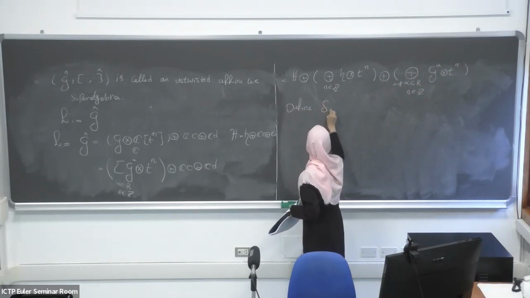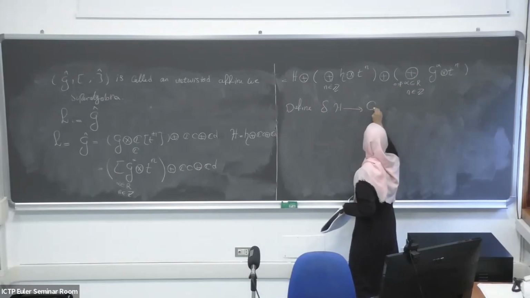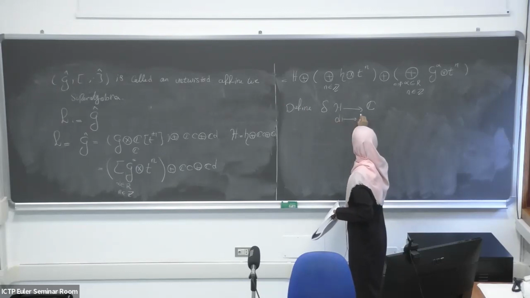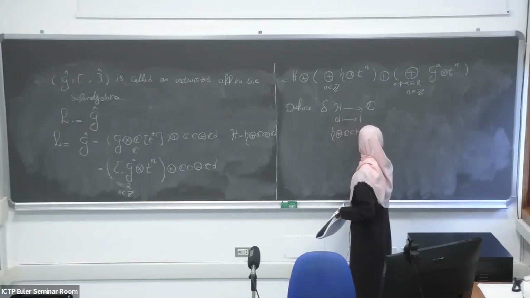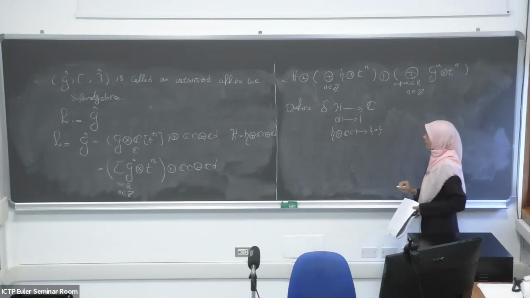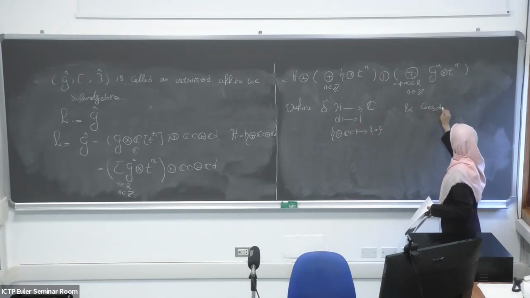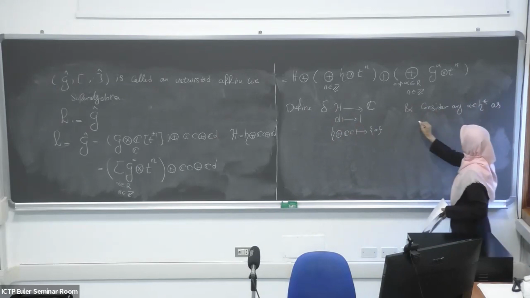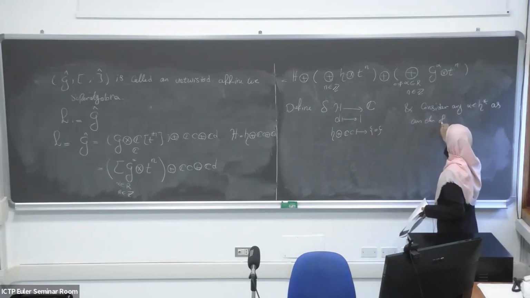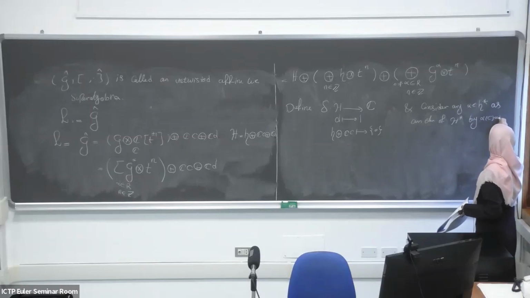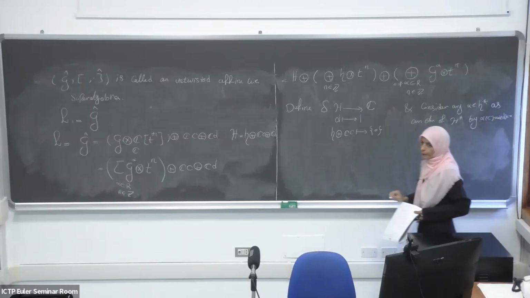We define delta from H to C, which maps C to 1, and H direct sum CC to 0, and consider any alpha belonging to H star as an element of H star by alpha C equals alpha D equals 0, right?